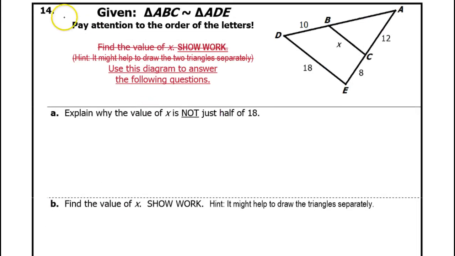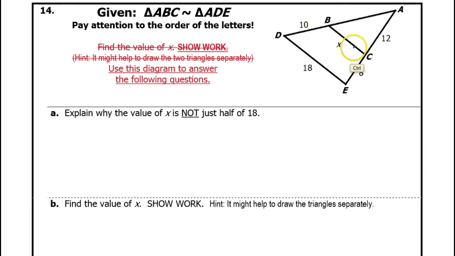Problem number 14 sort of looks like a mid-segment problem, but it is not. We have learned in the past about something called a mid-segment, where if you have a segment that connects the midpoints of two sides of the triangle, then the mid-segment is half the length of the parallel side. So why is it that x is not just going to be half of 18? Why will it not simply be 9?